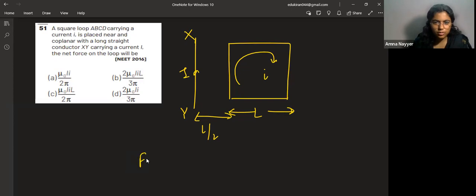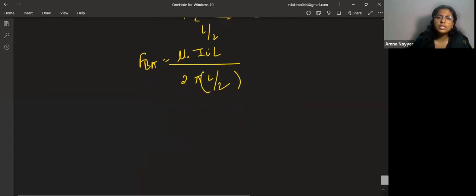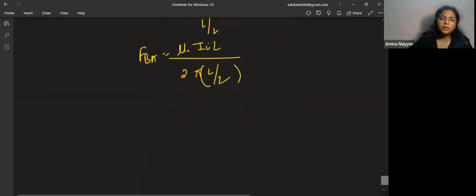Let's say this is A, B, C, D. The force on segment AB is going to be mu naught I L divided by 2 pi D, where D is the separation, L by 2. Yesterday we saw this formula for force between two parallel wires, so just consider these as separate parallel wires.